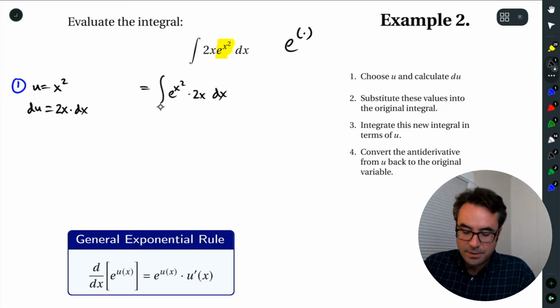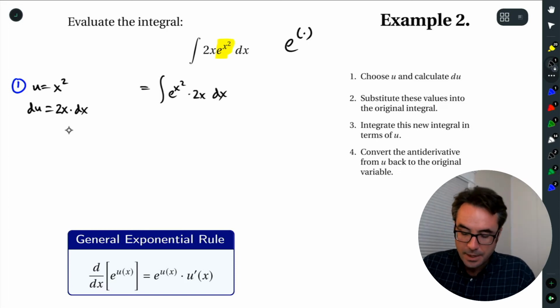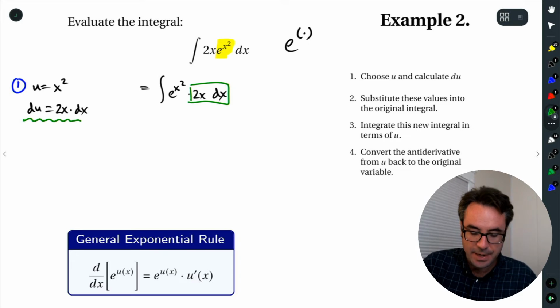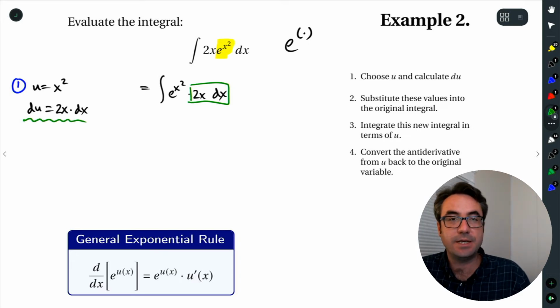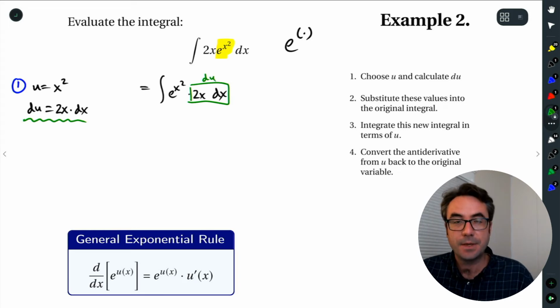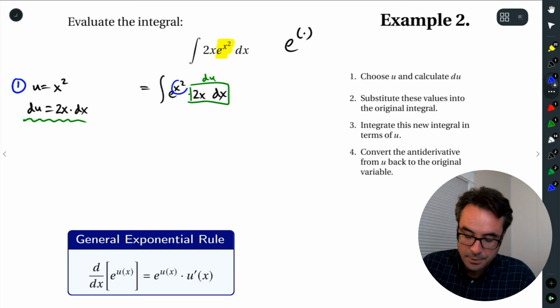And so now we're going to substitute the values into our original integral. We have 2x dx here, and just so happens, that's what our du is. So this is going to become du. And in this complicated term, that's where we put in our u.